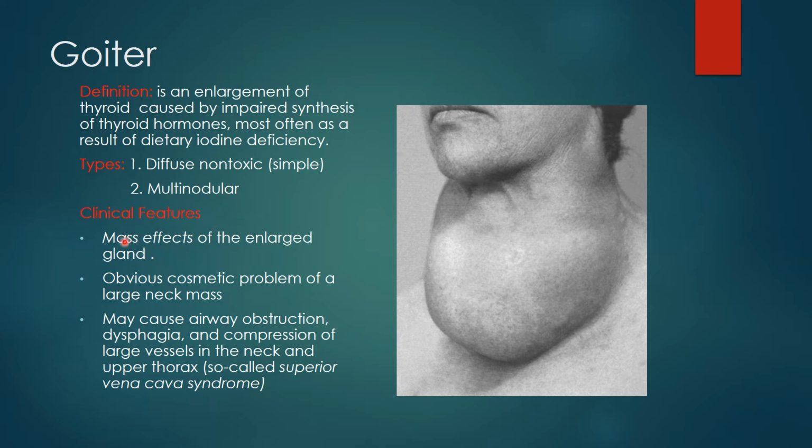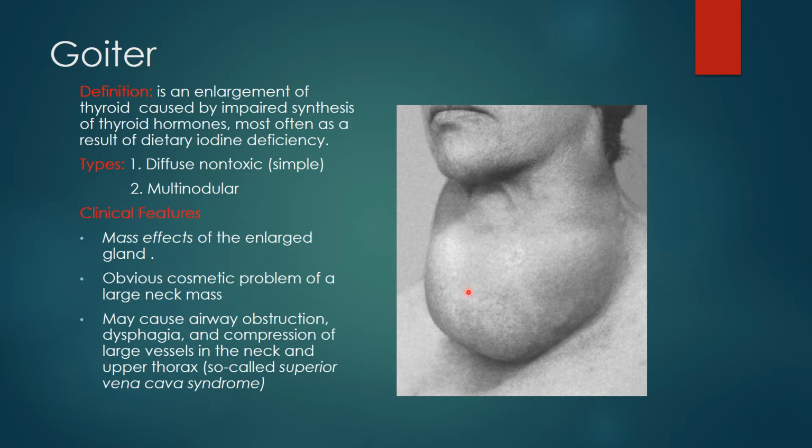The goiter presents as an enlarged mass in front of the neck, as you can see in this picture. It causes an obvious cosmetic problem of a large neck mass, and it also causes airway obstruction, dysphagia, and compression of the large vessels of the neck as well as of the upper thorax, a phenomenon called superior vena cava obstruction.